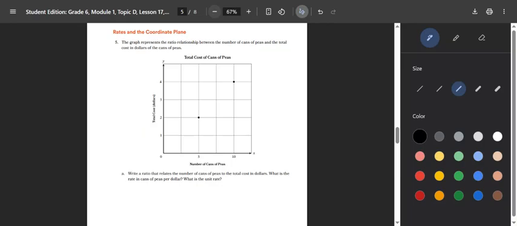All right, number 5 is a graph, and the graph represents the ratio relationship between the number of cans of peas and the total cost in dollars of the cans of peas. Write a ratio that relates the number of cans of peas, so that's on your x-axis, to the total cost in dollars, which is on your y-axis.